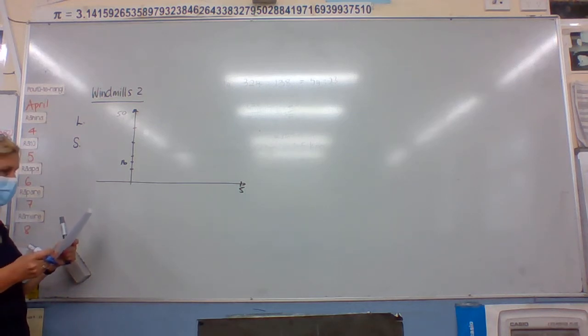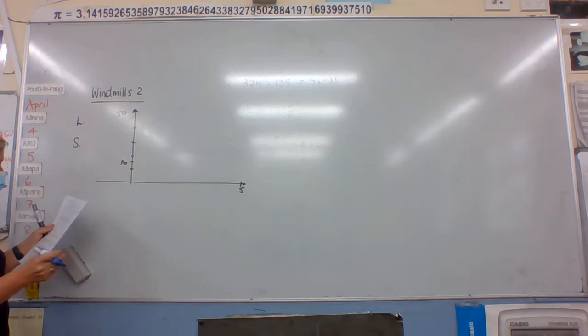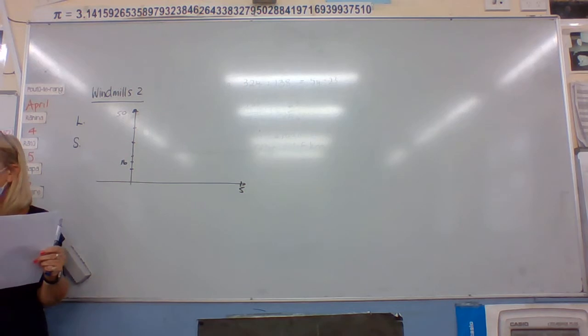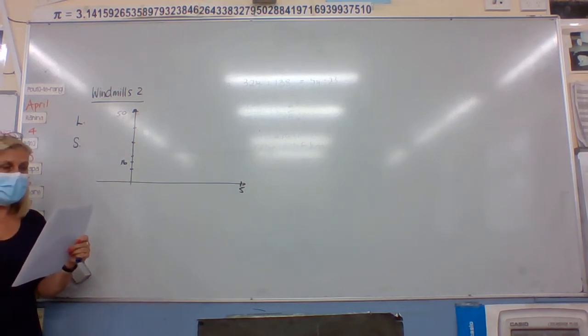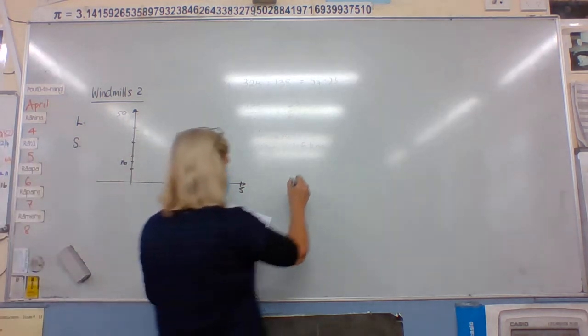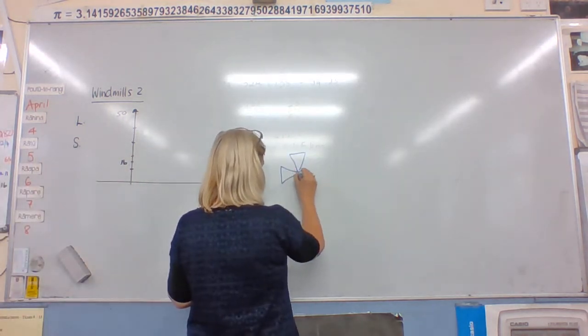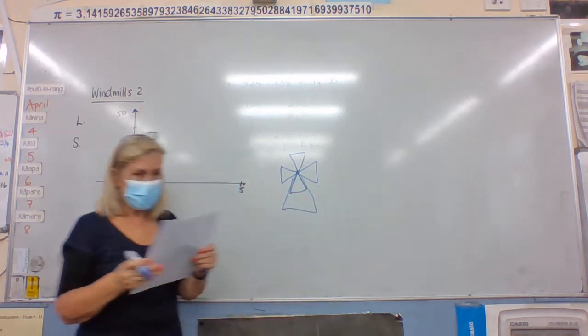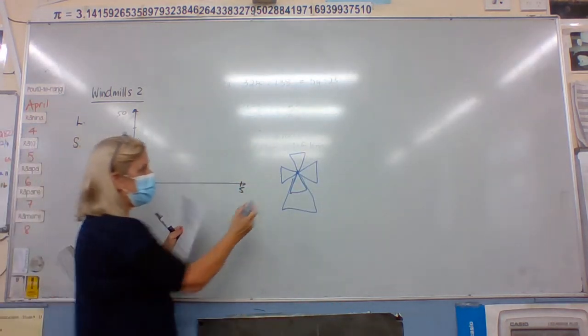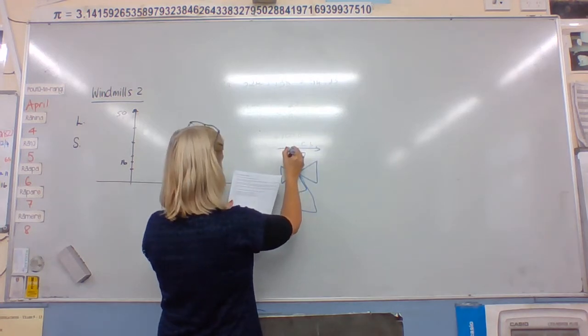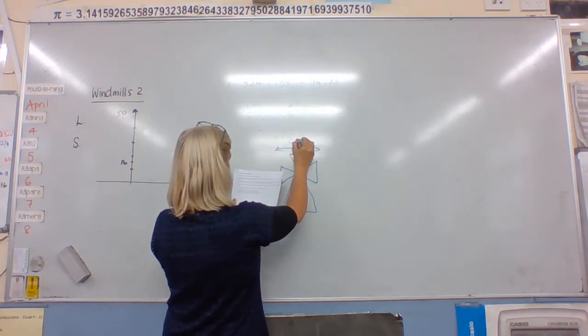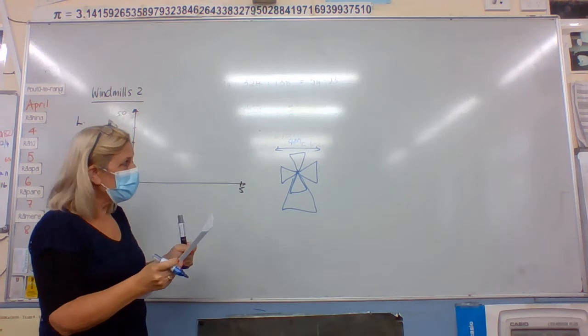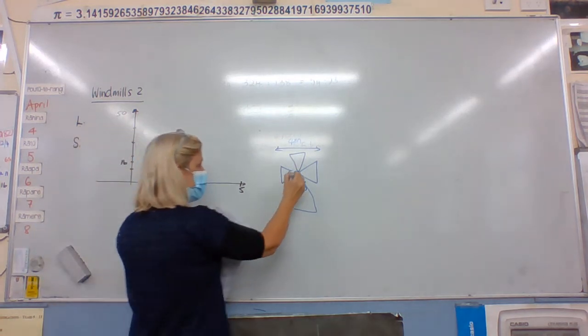Oh no, 20 metres is what? The diameter of the small windmill. Here he is, Mr. Small Windmill. So the diameter is 4 metres. And they're attached to the windmill 20 metres above the ground.